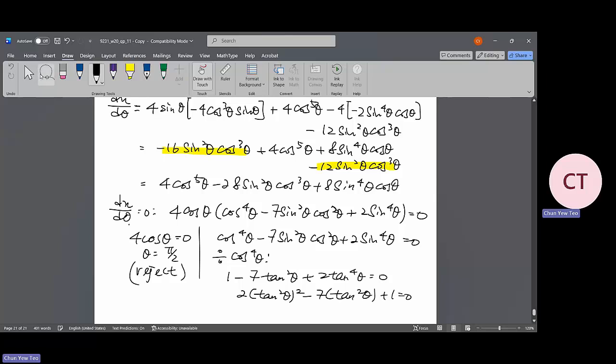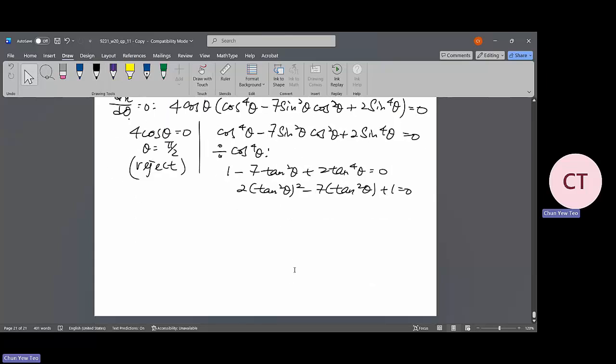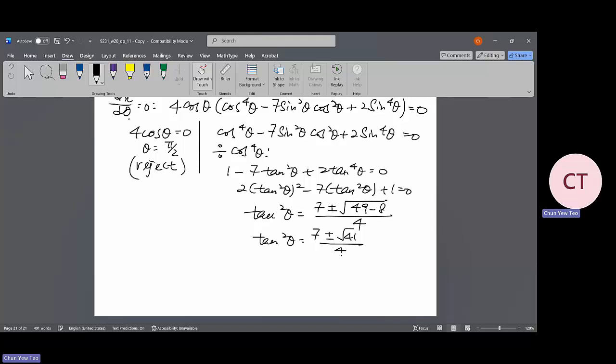You can see that it is a quadratic equation, a trigonometric quadratic equation form where the variable is tangent square. So we can make tangent square theta equal to negative b plus minus square root of b square minus 4ac, divided by 2a. So you get tangent square theta is equal to 7 plus minus square root of 41 over 4.